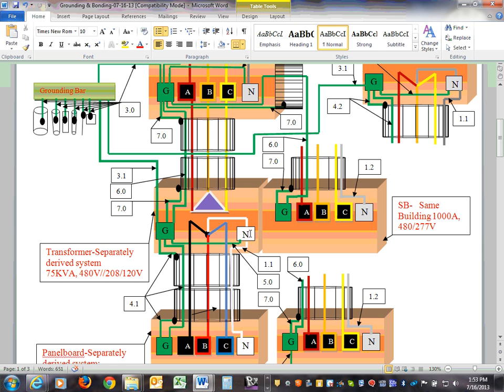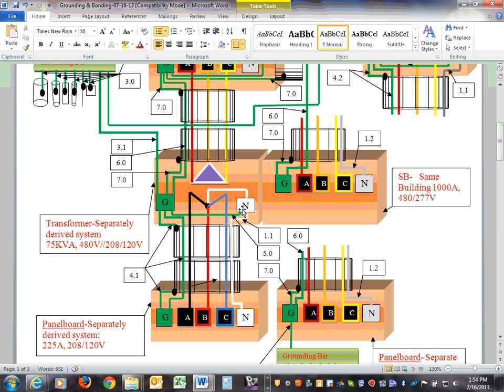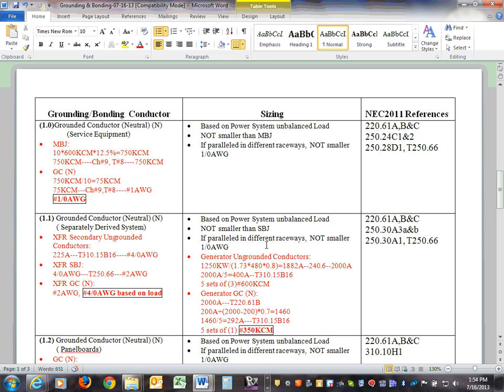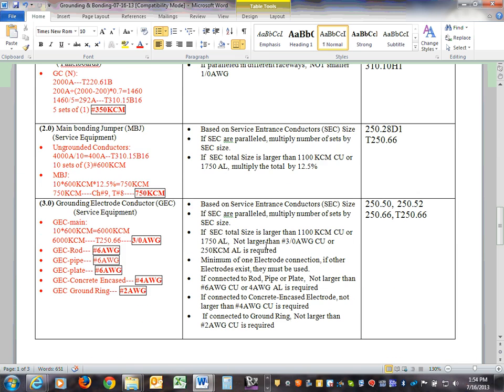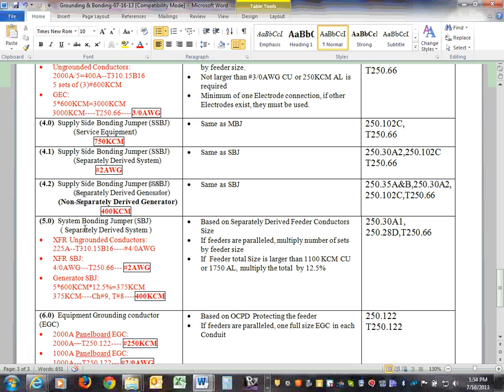Then you have to tie your neutral, the X0 of the transformer, that's a neutral point, into the grounding bar inside your transformer. You have a lug and you tie all of them together inside the transformer enclosure. But what you do is you establish that the neutral has to be grounded or tied to the grounding electrode system inside the transformer. This is called 5.0. If you go to 5.0, it's nothing but what's called the system bonding jumper.